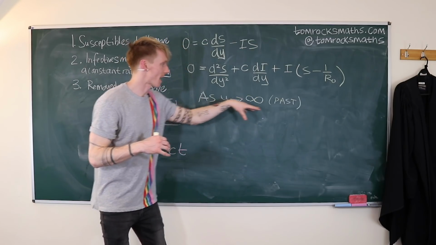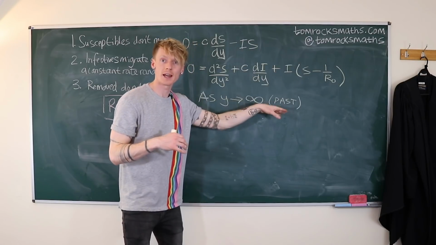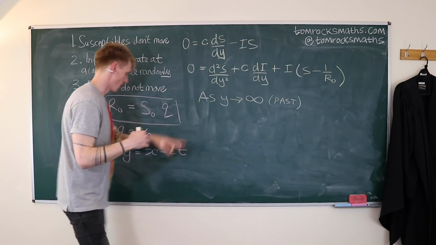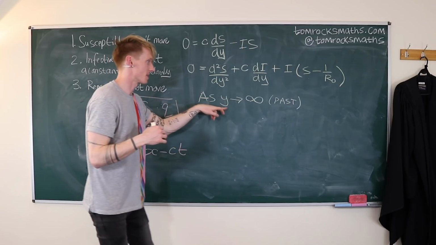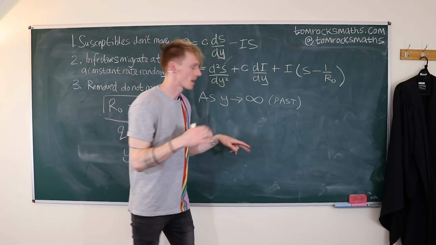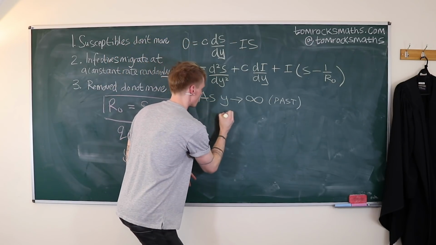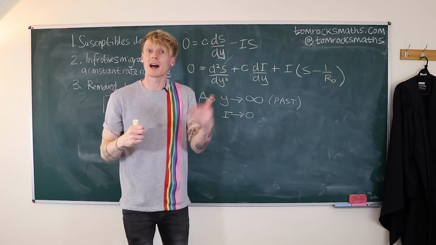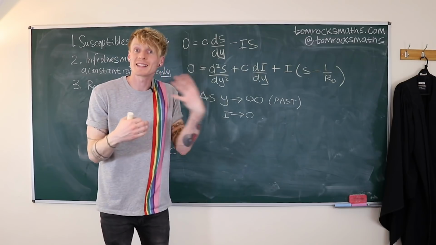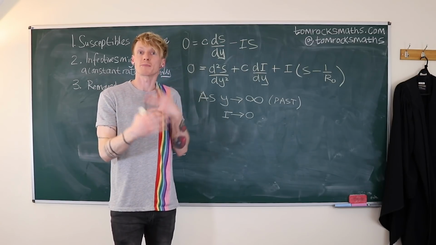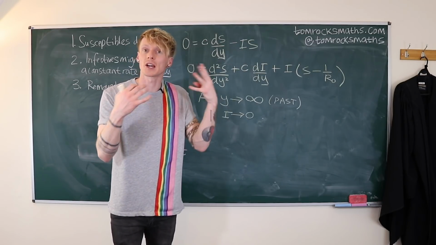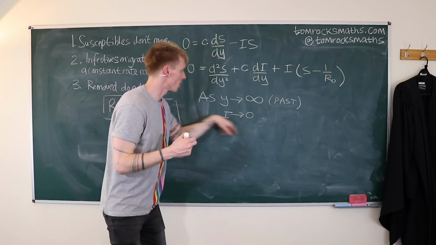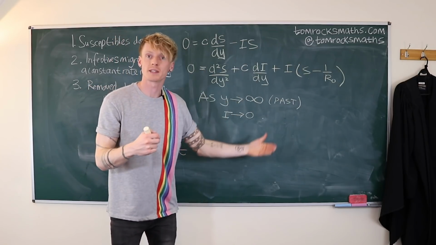Then we must have that the number of infectives must go to 0, because this is a time before the disease even existed in the population. It's before the disease outbreak occurred. So we have 0 infectives going backwards in time.